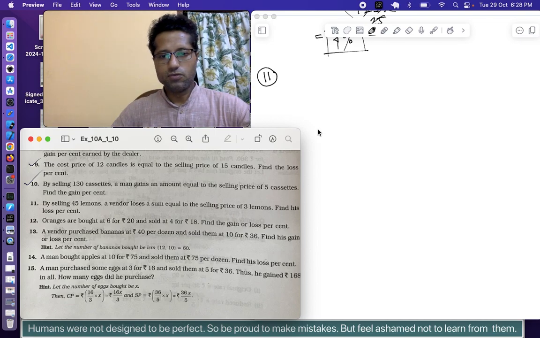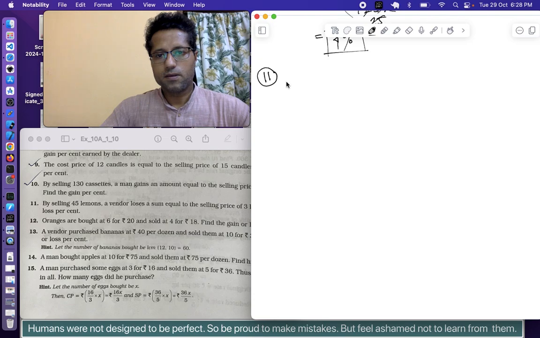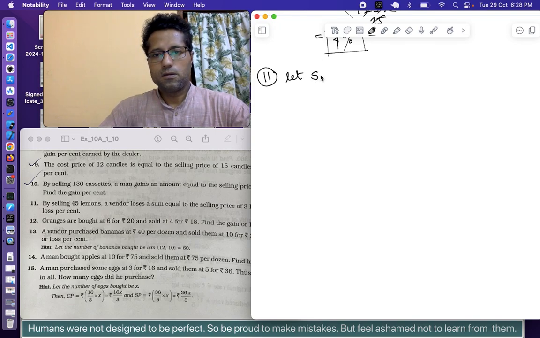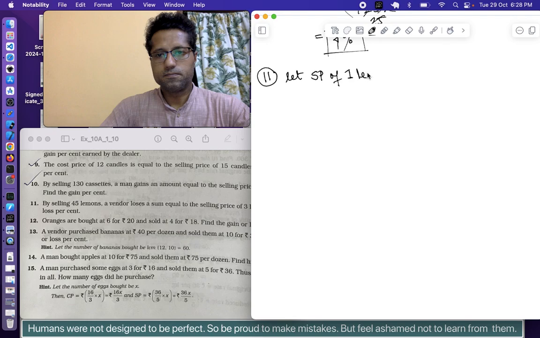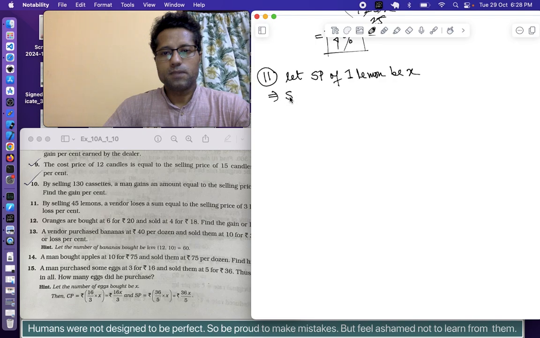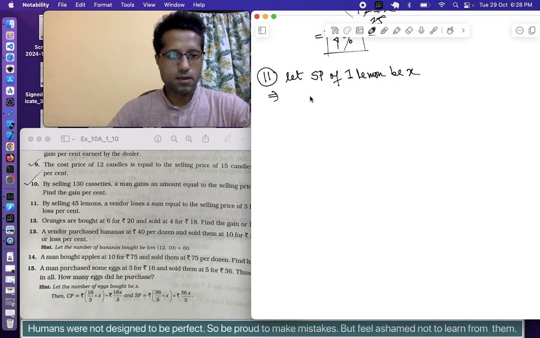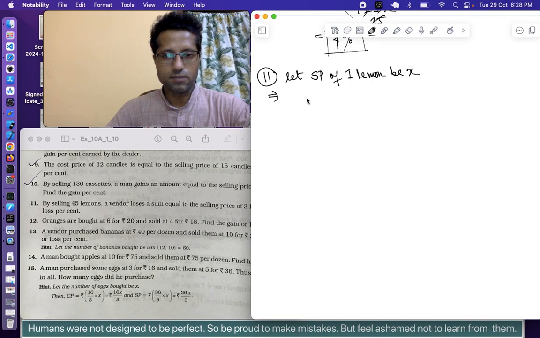So a vendor loses a sum equal to the selling price of 3 lemons. It will be easier to assume, let SP of 1 lemon be X. It is said that a vendor loses a sum equal to the selling price of 3 lemons.